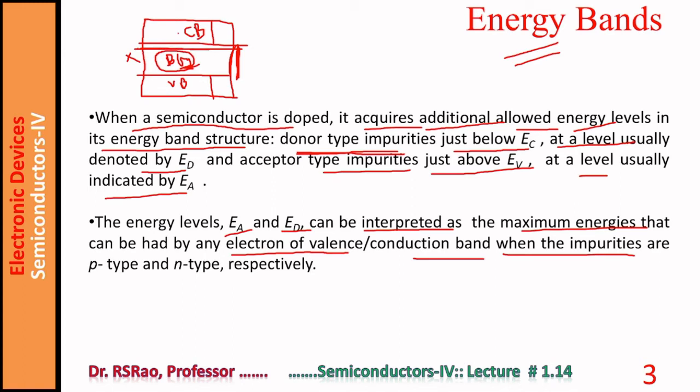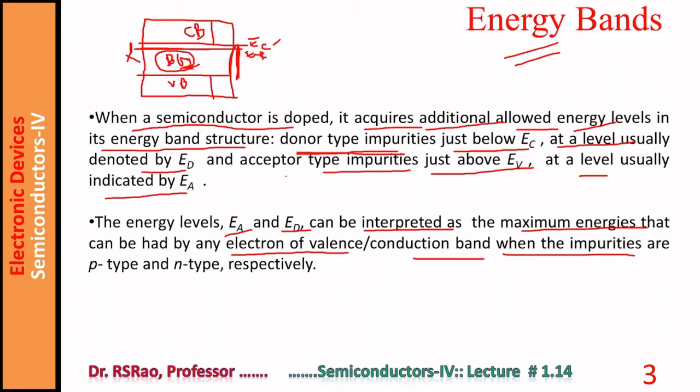The conduction band electrons can even have energies just below EC. This is EC, this is ED. Notice impurities led to a reduction of the band gap by a certain amount. It is equal to the gap between EC and ED. There is a reduction of this much.